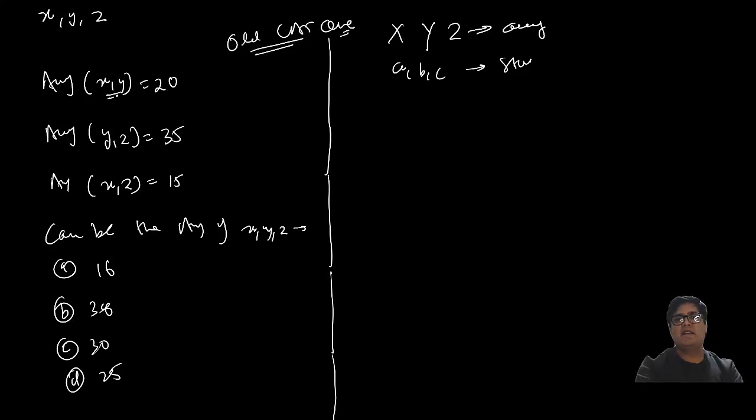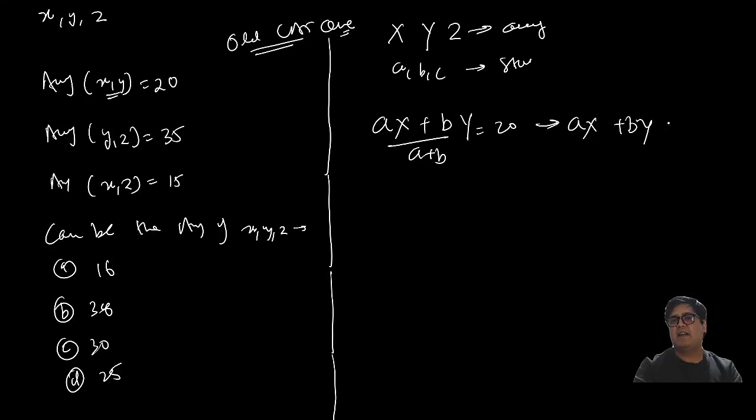So can I say this value will be a into capital X plus b into capital Y upon a plus b is equal to 20, which I can rewrite as aX plus bY is equal to 20a plus 20b.